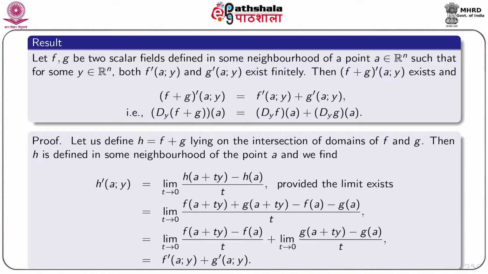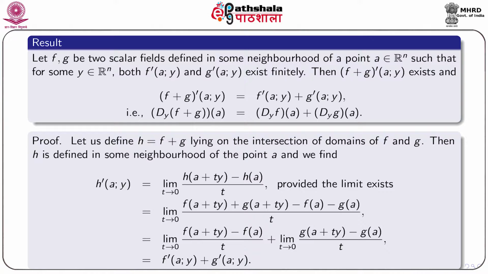Let us define h equal to f plus g using the pointwise principle. So, the domain of the new function h will be the intersection of domains of f and g. So, h is defined in some neighborhood of the point a, and we find h'(a, y). By definition, it is the limit of [h(a + ty) - h(a)] / t as t approaches 0, provided the limit exists.